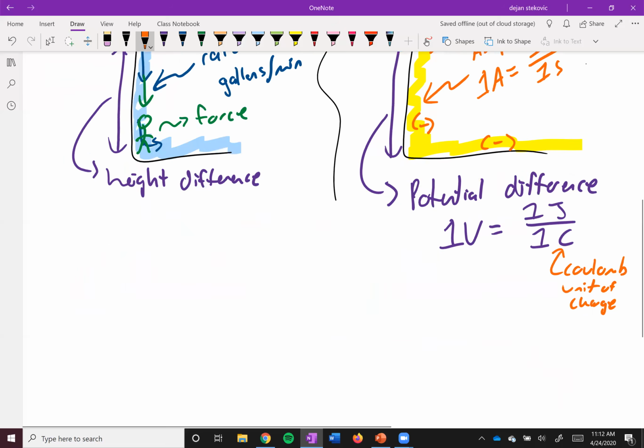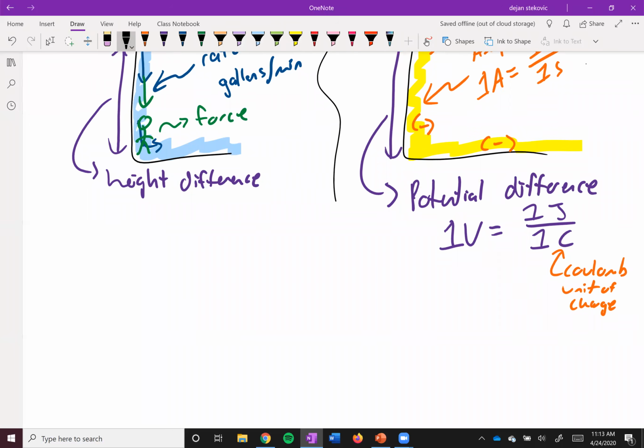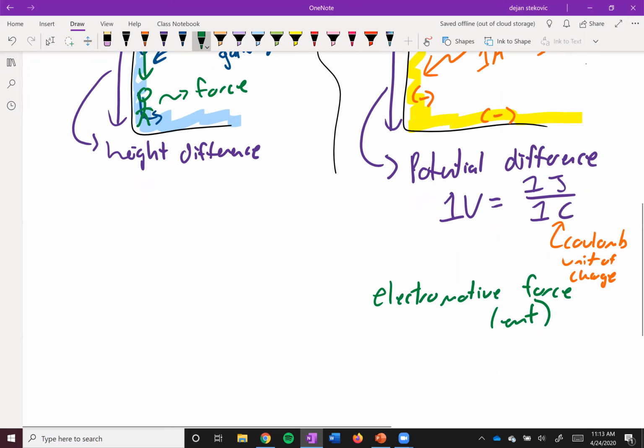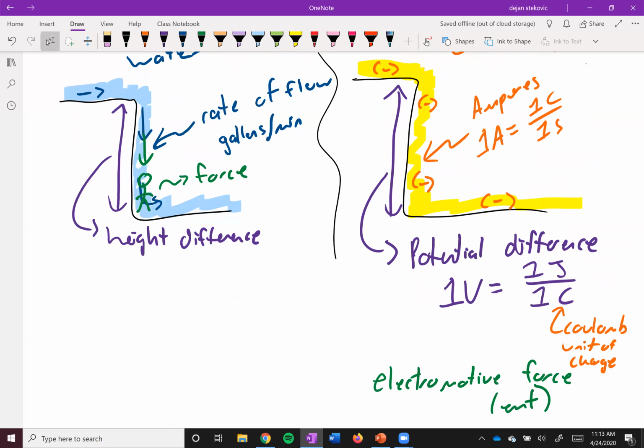And so this potential difference, this difference in energy per charge, is what can do work. And the ability to do work is what's called an electromotive force, an EMF, right? And so when you're combining a cell, what you're talking about is how much voltage is my cell going to be able to put out?